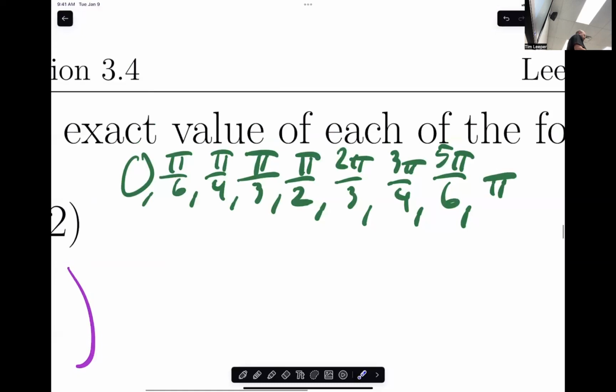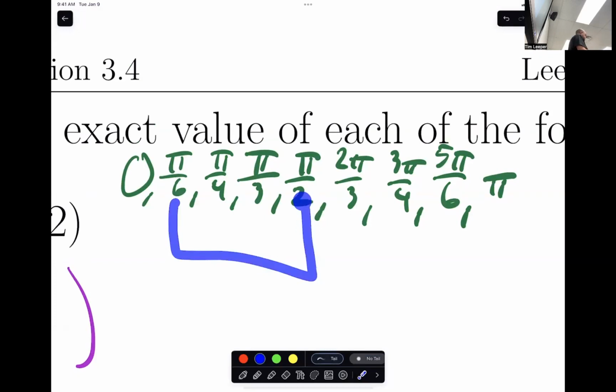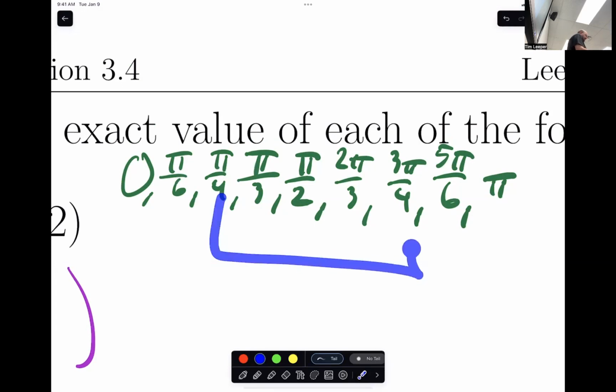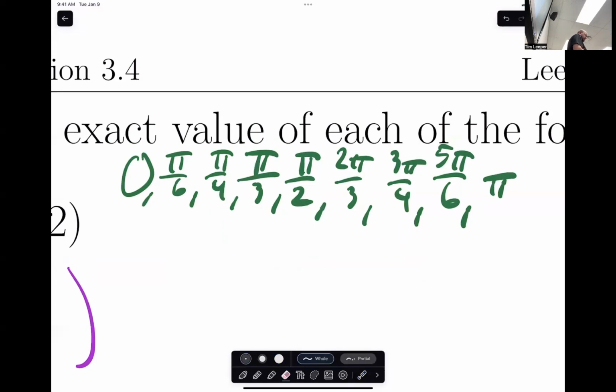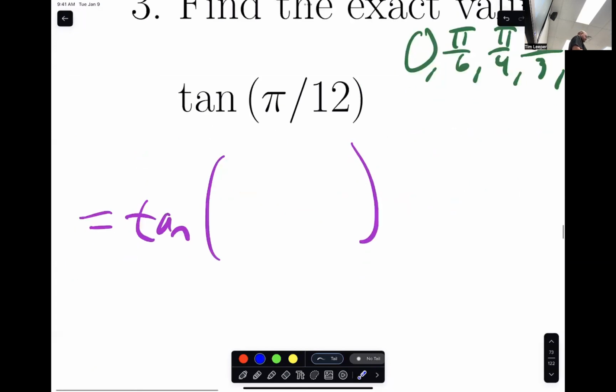So more than likely, it would have been pi over 6 and pi over 2, or maybe pi over 4 and pi over 3, because those have common denominators of 12. Probably just those anyway. So it's pi over 3 minus pi over 4.